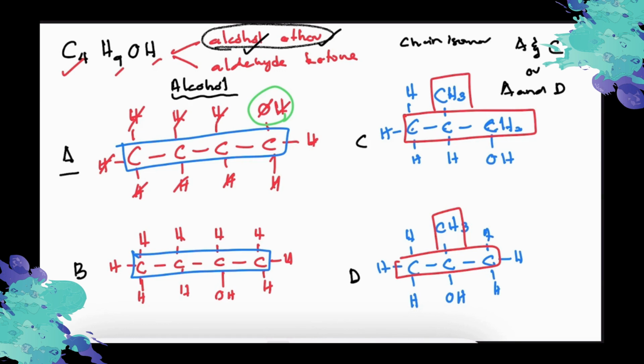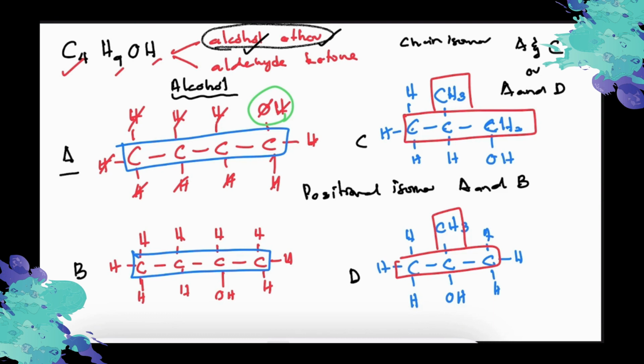An example of positional isomer, between it have the same chain but the different position of the OH. So the example of positional isomer can be A and B. And also C and D is an example of positional isomer.